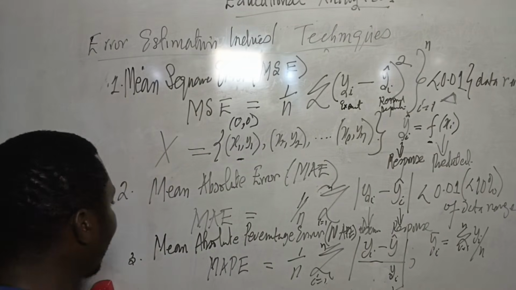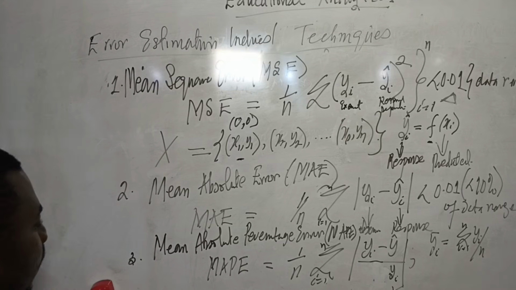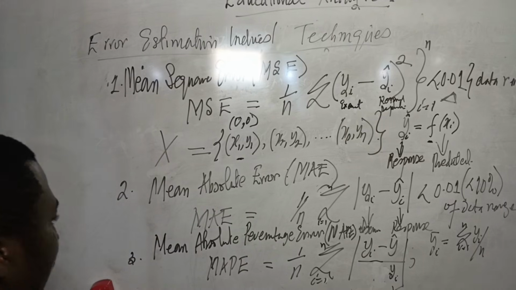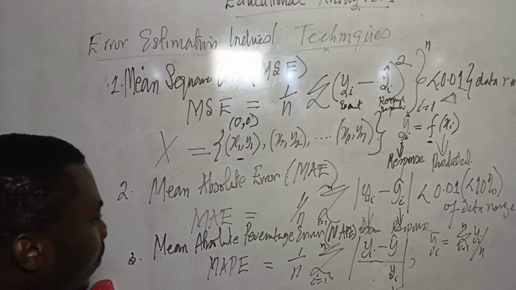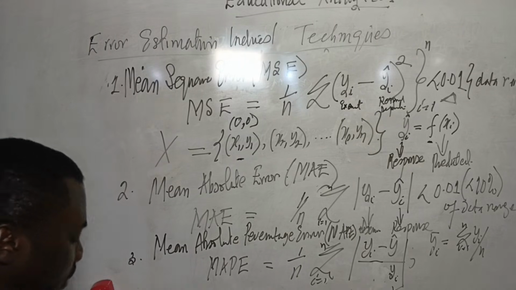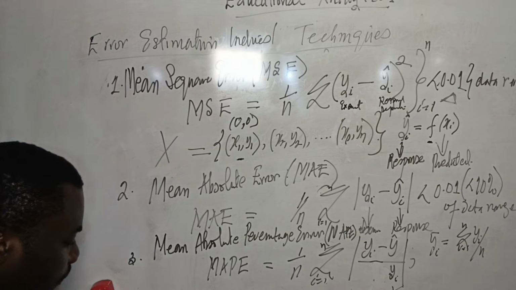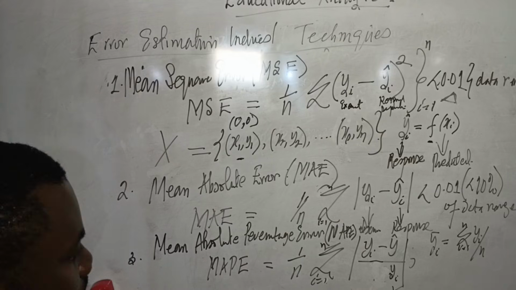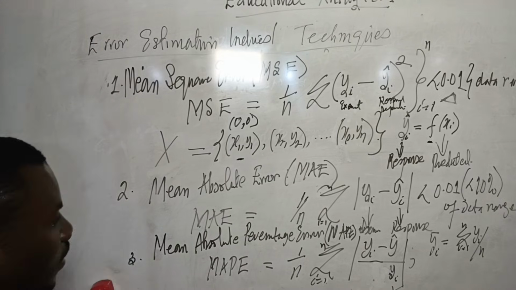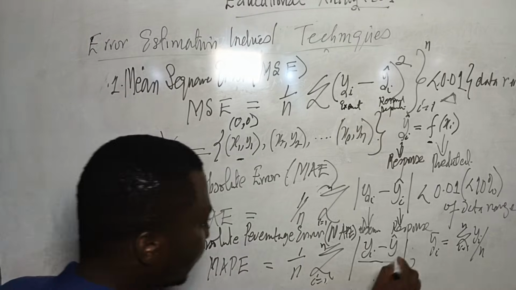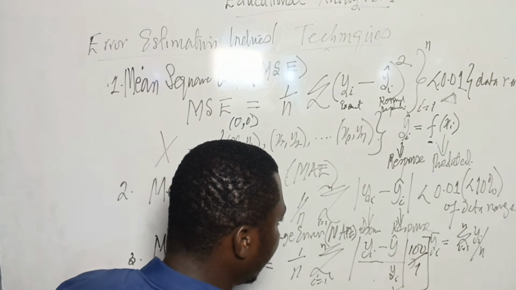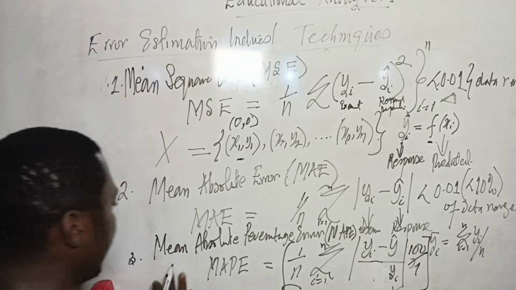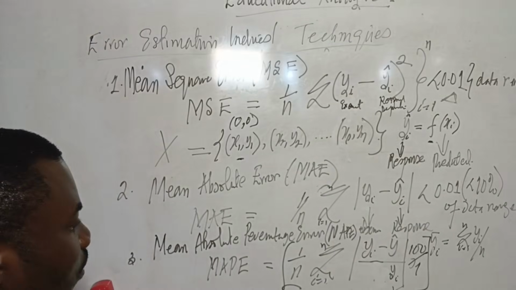So the next aspect is the mean absolute percentage error, but we include the notion of tangent. Remember, by percentage you must have 100 units added to it, so that it becomes a mean absolute percentage error.